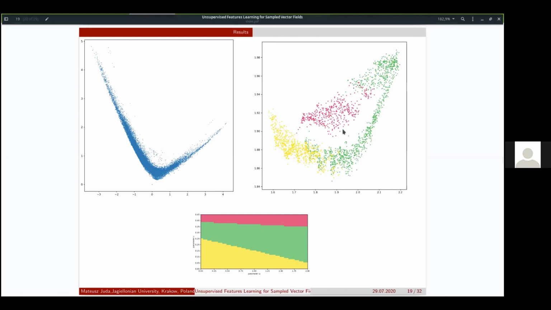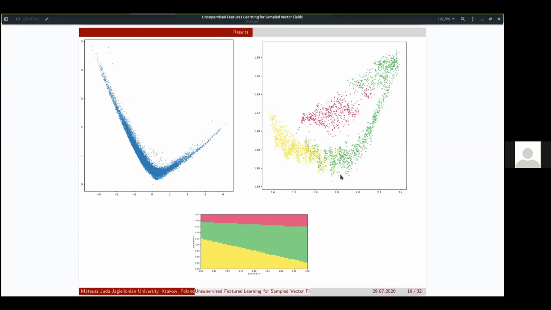And we also see that maybe the dynamics in the green set is not so uniform. Maybe there is something different because the embedding is turning here. The vector fields are similar in that area, but in that area they are much more similar to the red area. So maybe in the green set there should be some other kind of dynamics also distinguished.